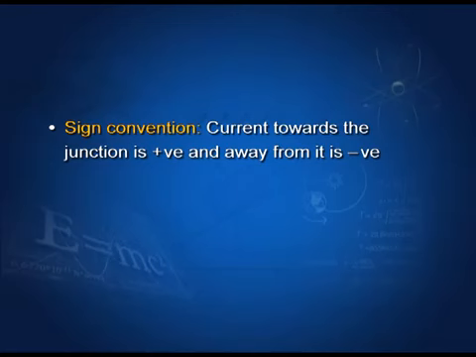As per the sign convention, the current towards the junction is taken positive and away from the junction is negative. That is why in the previous diagram I have taken I1 and I2 to be positive and I3 to be negative. So, I1 plus I2 minus I3 equals to 0.